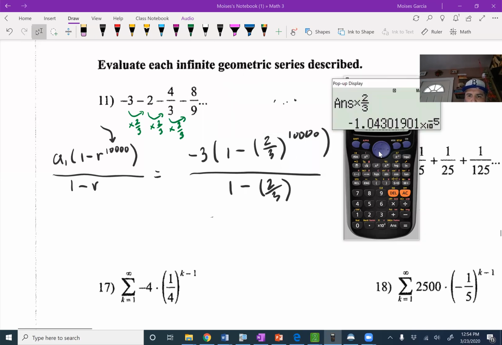Now, if it says the calculator can't handle that many digits, we probably need to just make it 1,000. But let's check if this works here. So -3 times, and then I'm going to put the fraction here, 1 minus 2/3 to the power of 10,000, all over 1 minus 2/3.